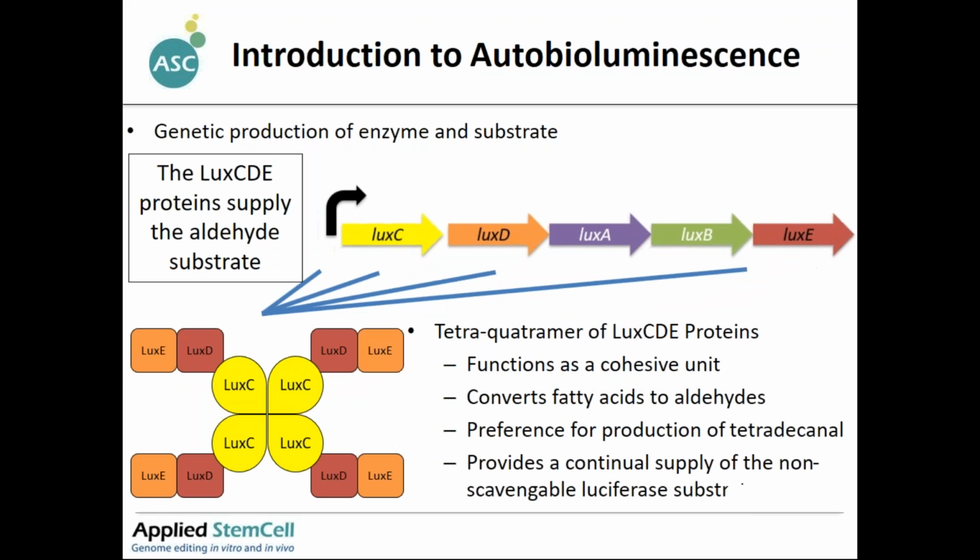The most distinctive feature of autobioluminescence is its ability to produce its own luciferin substrate within the cells. This is made possible due to the expression of the remaining genes in this pathway. So the LuxC, LuxD, and LuxE proteins work together to convert endogenous fatty acids to aldehyde, therefore providing a continuous supply of the otherwise non-scavengeable substrate for the luciferase.